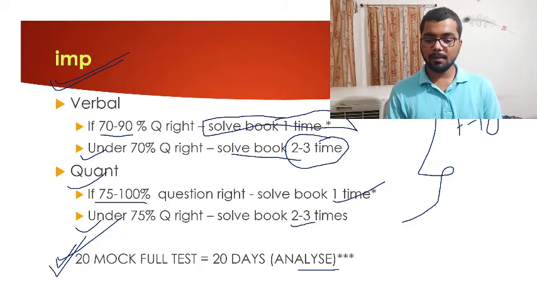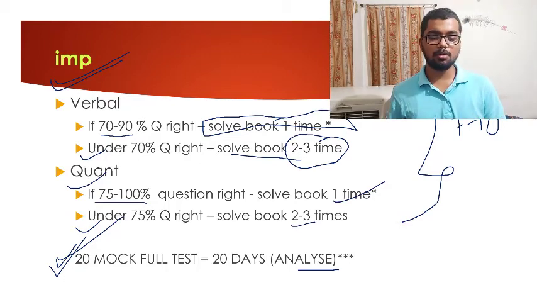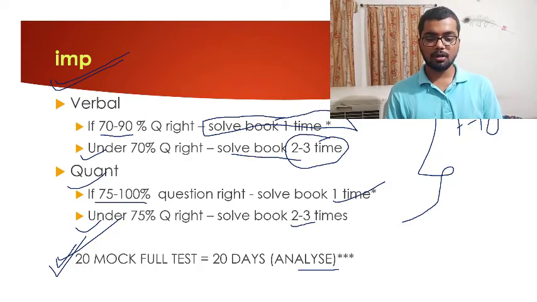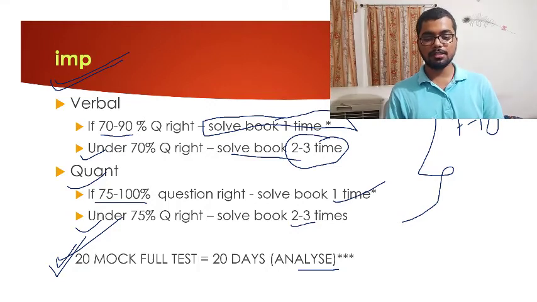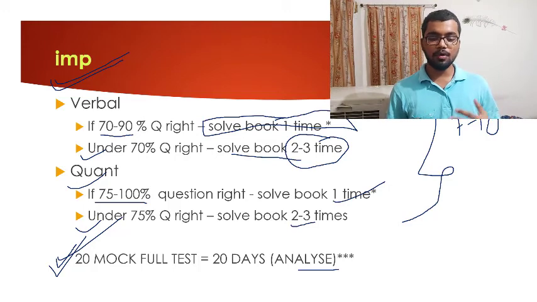After that I started taking more time to solve a particular test. For example, there was a test of 3 hours, and I took approximately 4 and a half hours to do it, because I didn't want to give mock tests just for the sake of it. I did it for my own understanding and my own time management.